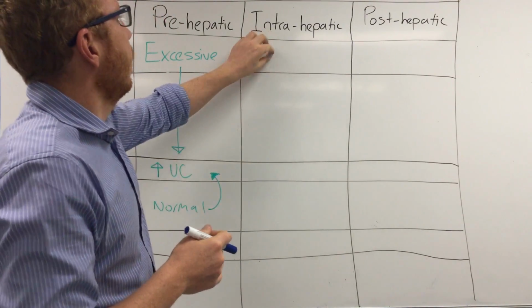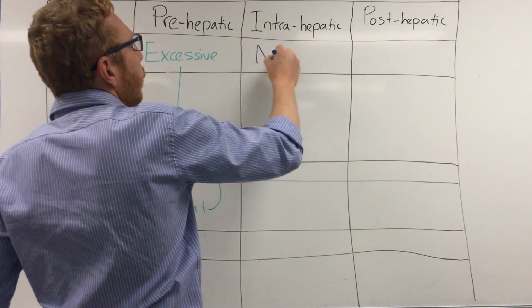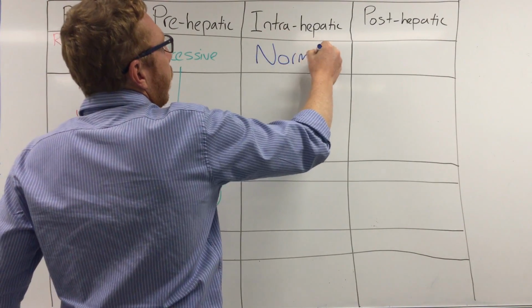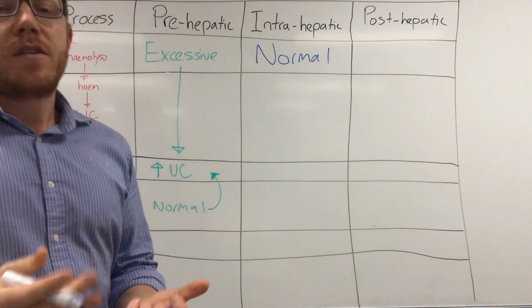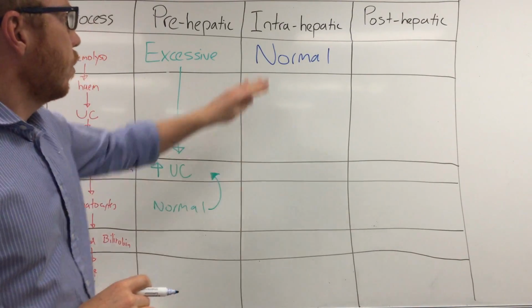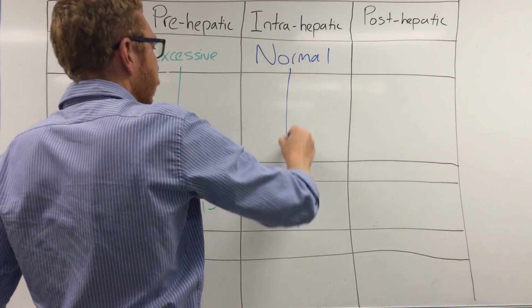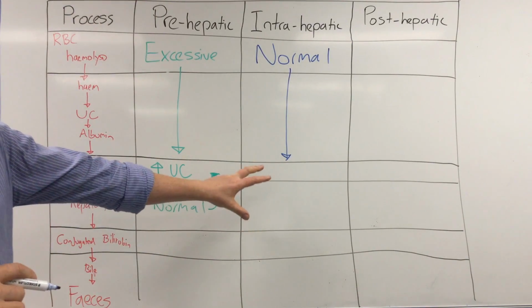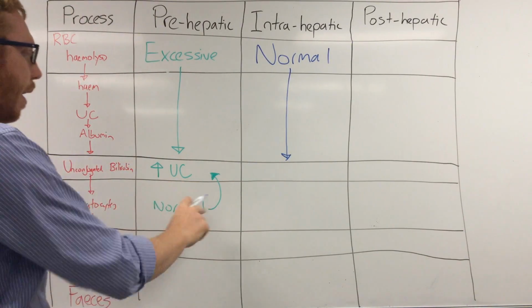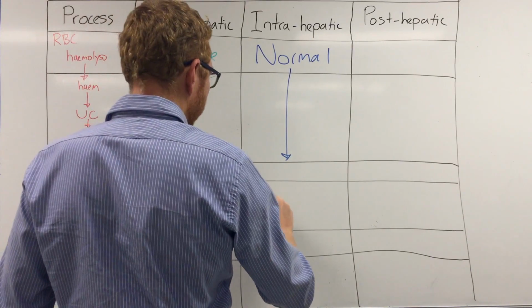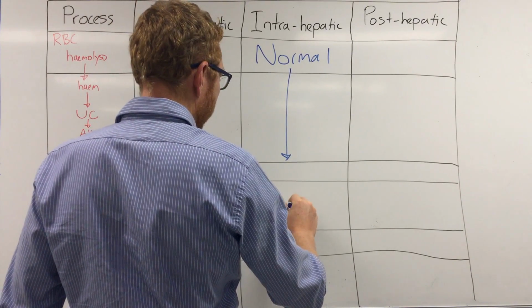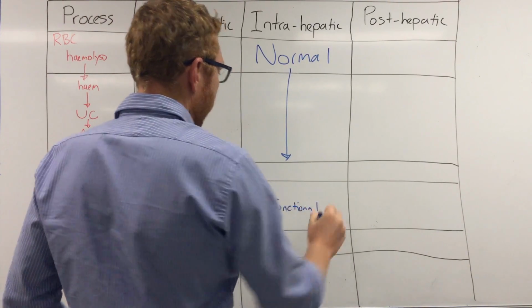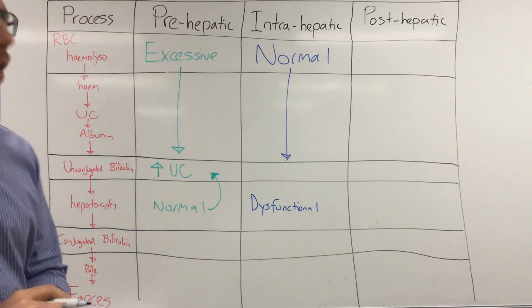You have the normal hemolysis in the body, so that's not a problem, and this is going through like so. This part of the process is okay, but the hepatocytes are dysfunctional.